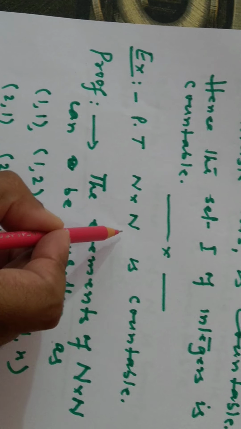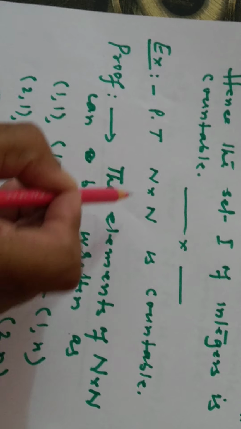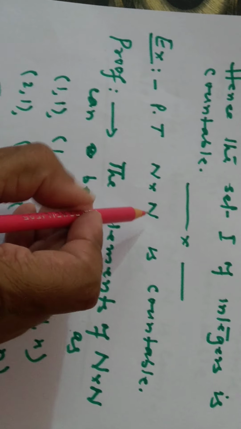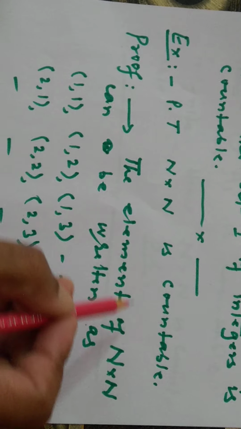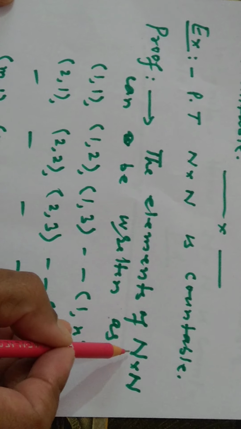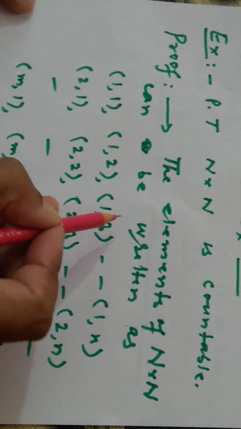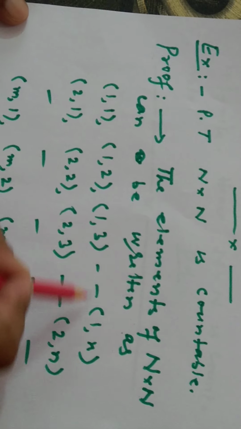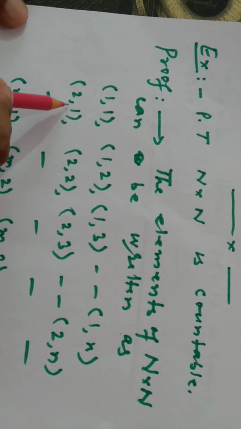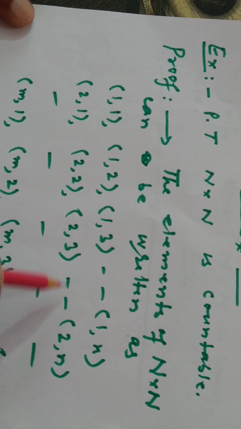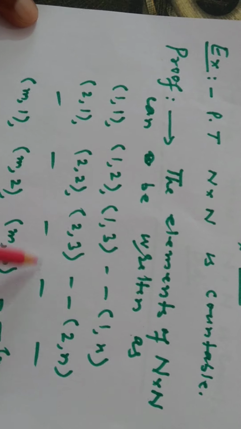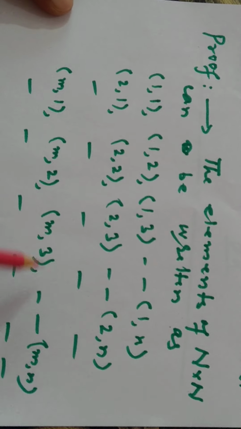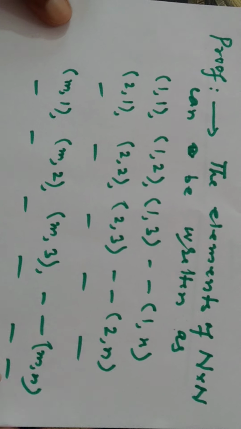Prove that N cross N is countable, that is the proof that the Cartesian product of N with itself is countable. The elements of N cross N can be written as (1,1), (1,2), (1,3) and so on (1,n), (2,1), (2,2), (2,3) and so on (2,n), and dot dot dot (m,1), (m,2), (m,3), (m,n) and so on.